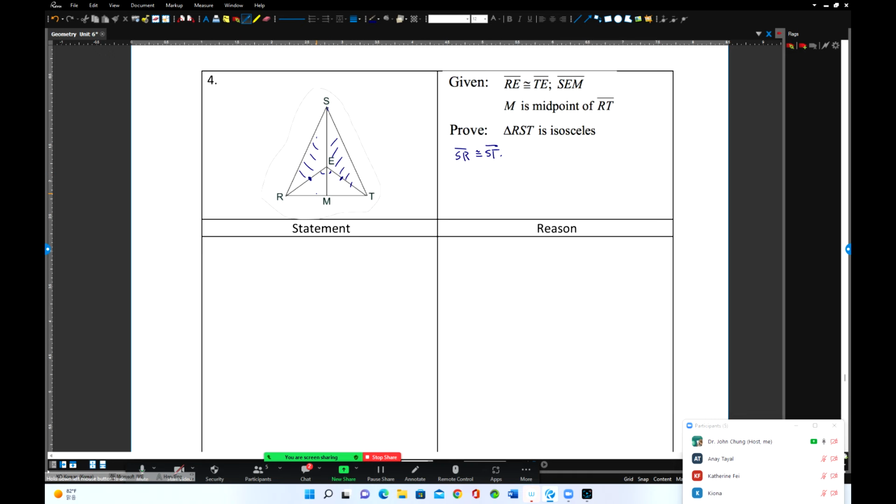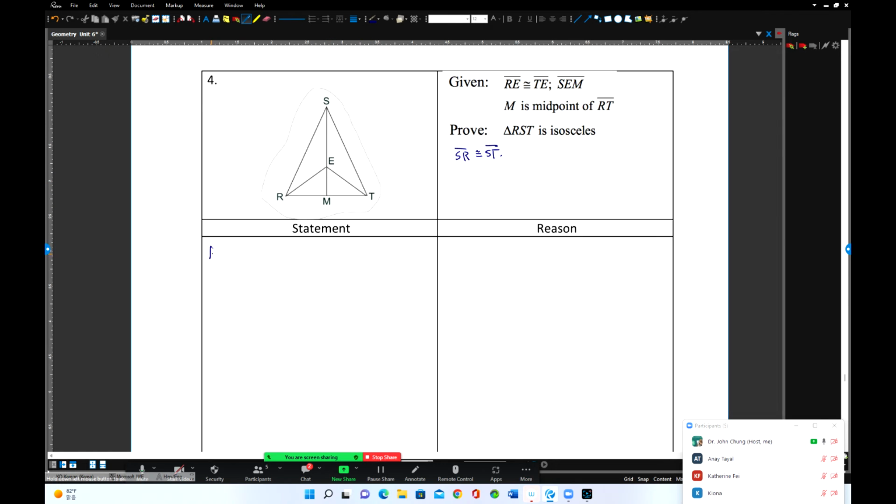Corresponding angle is congruent because the supplementary is congruent. So this side congruent, supplementary, another side, it goes to a side angle side. You can go this way too. But I'm gonna go this way, the big triangle, okay? Triangle SMR and SMT. Okay?